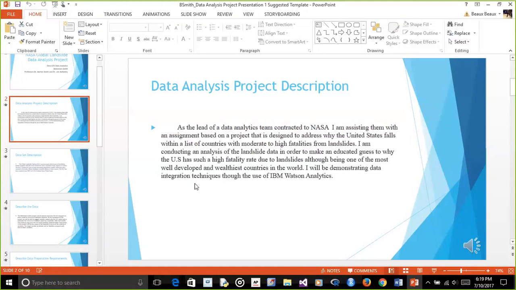What interests me most is that the United States has a high fatality rate compared to several third world countries. However, more developed European countries such as Italy, France, Germany, Switzerland and Sweden are not really on the list, but the United States for some reason has a high fatality rate just like India and China.